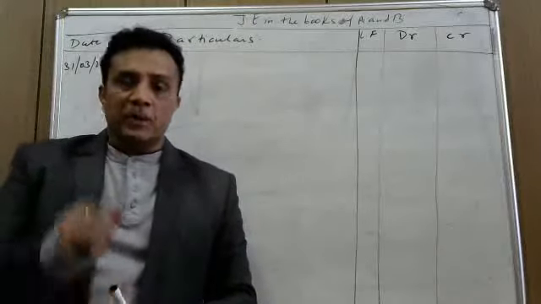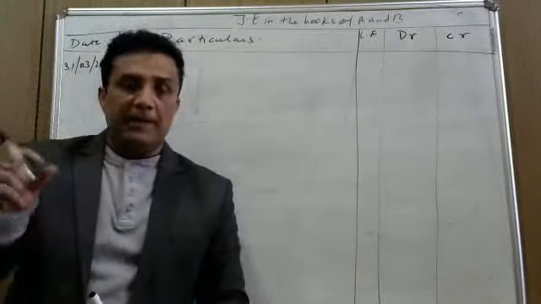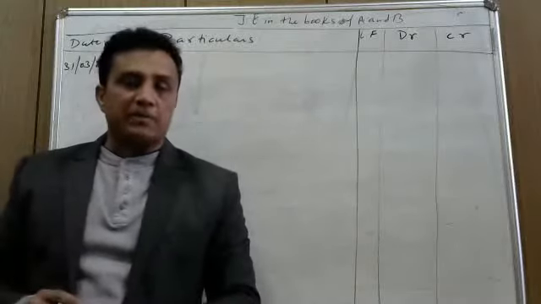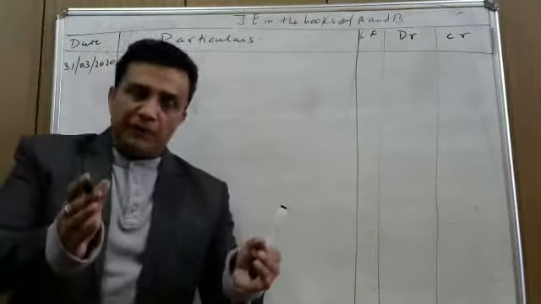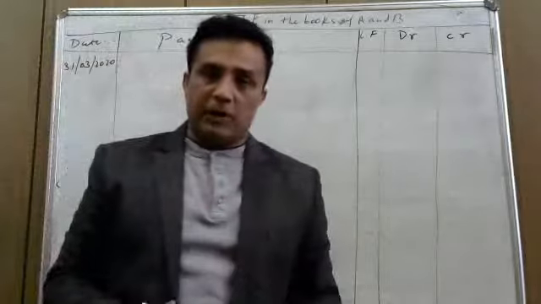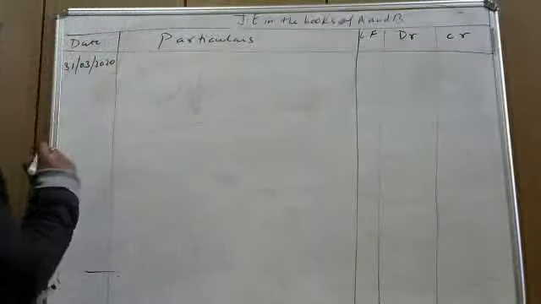Now read the question carefully. The first thing given in the question is profit as per PL account, which is 24,000. The profit we need to transfer to the PL appropriation account.